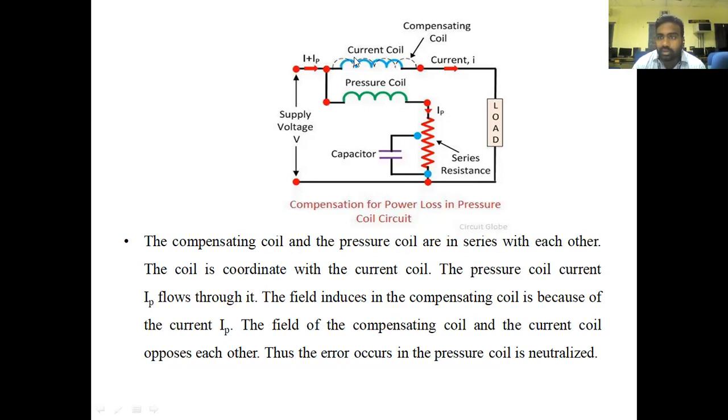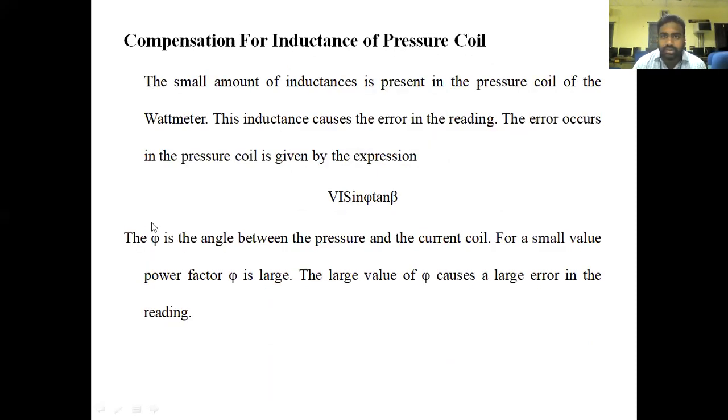If we connect the compensating coil, a field is also created by the compensating coil, and this will deviate the main field. In order to eliminate that, we use an additional current to eliminate the chance of creating an additional field in the compensating coil. So that is the second mechanism.